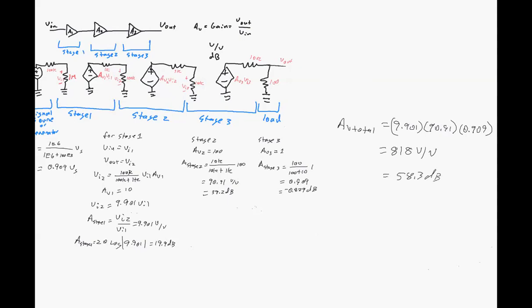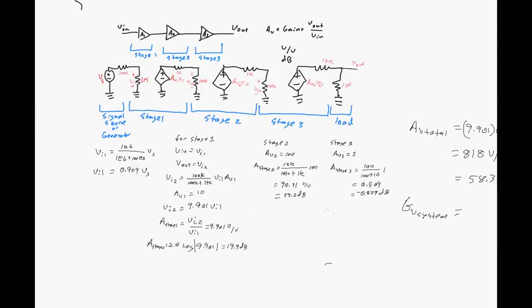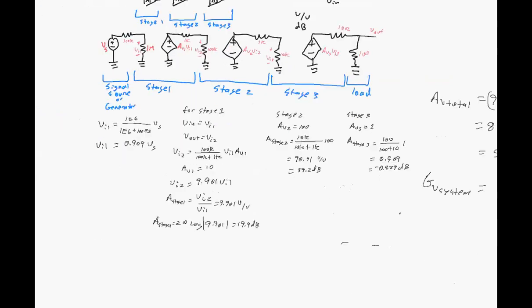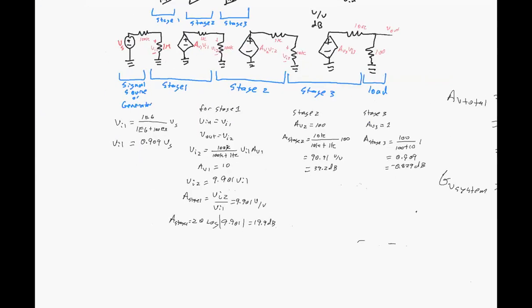Now, if we wanted that total system gain, let's call it AV of the system, we need to go from the output all the way back to the signal source. In doing that, we just have one more number to multiply. We would have this gain 818 times what we have at that input, which is 0.909.